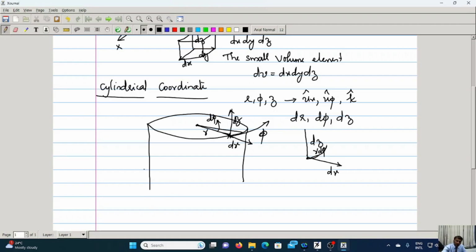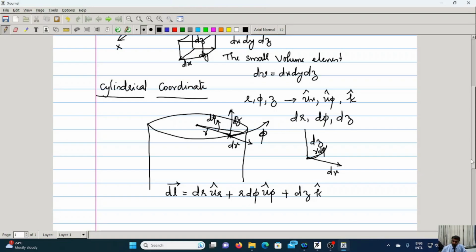Therefore the incremental length vector can be written as dr into u r cap plus r into d phi into u phi cap plus, z is the same, so dz into k cap. This is our incremental length.